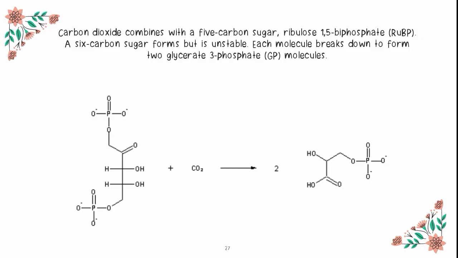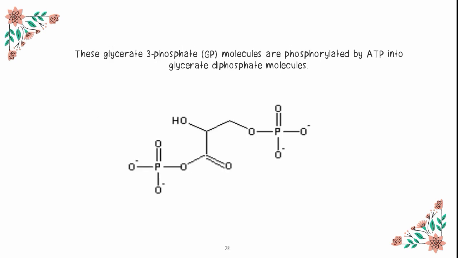So carbon dioxide combines with the 5-carbon sugar ribulose 1,5-bisphosphate or RuBP. This one is the glycerate triphosphate molecules. It is phosphorylated by ATP into glycerate diphosphate molecules.